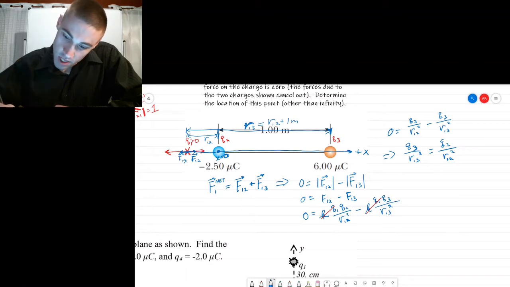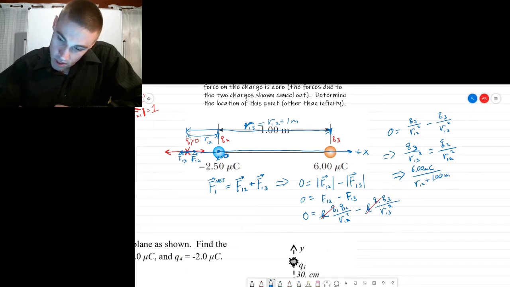So that's helpful. We can write that in, and we can also write in the values of these different charges. So Q3 is 6.00 microcoulombs, and R13 is R12 plus 1.00 meters, squared. And on the right-hand side, I'm going to have 2.5 microcoulombs divided by R12 squared.